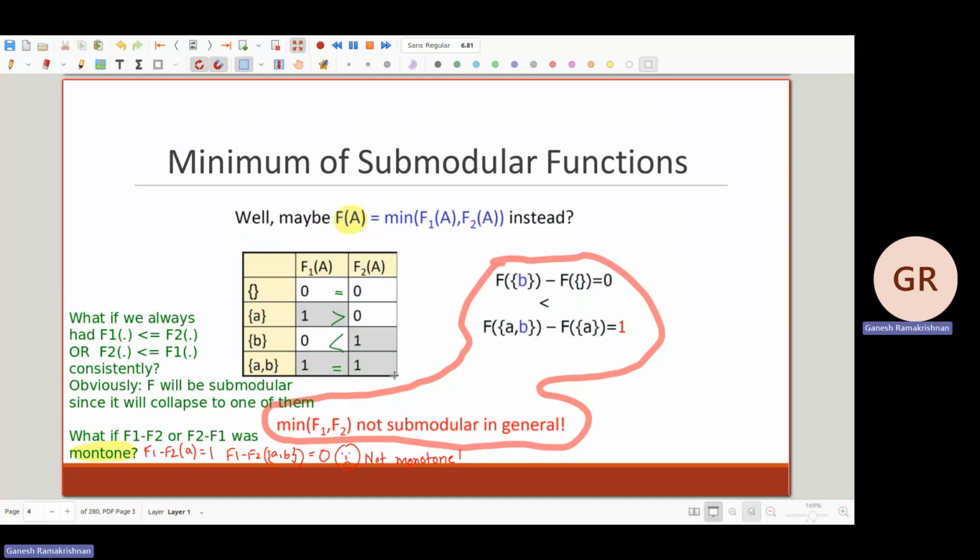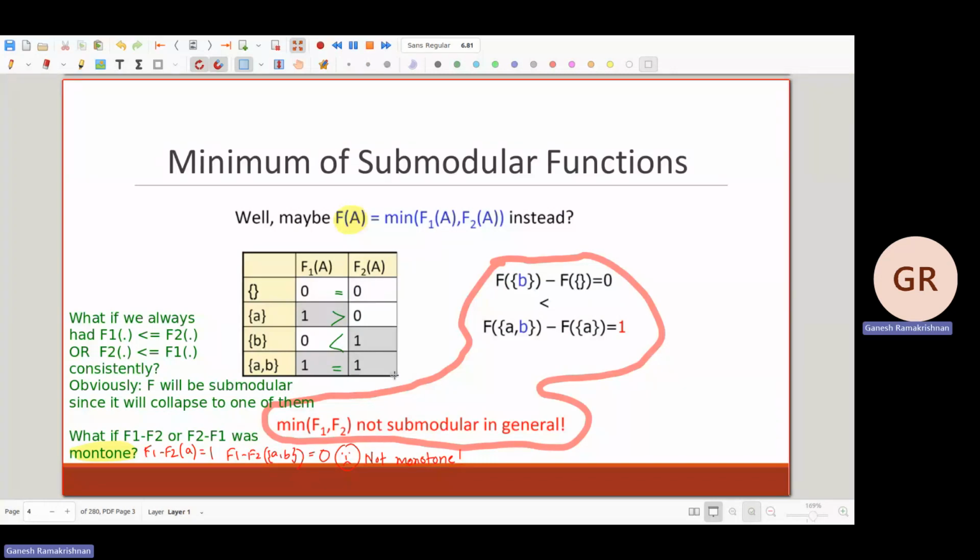So you see that there's no diminishing returns. Adding A, suddenly the returns are higher. You understand? So this is a counterexample. The proof is by contradiction. Now can you prove that the max of two functions is not submodular? Can you have a similar approach?